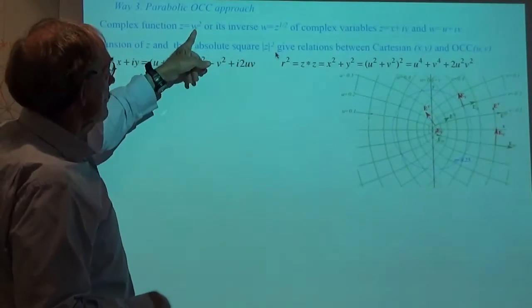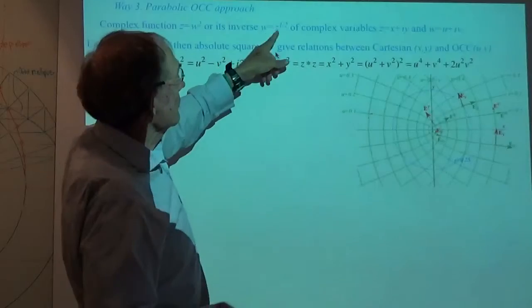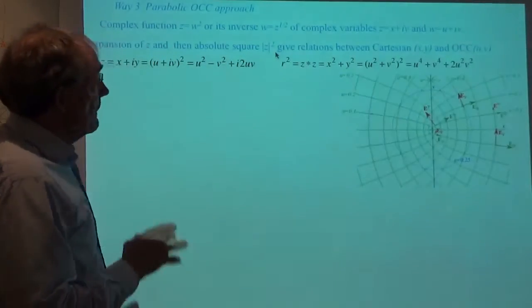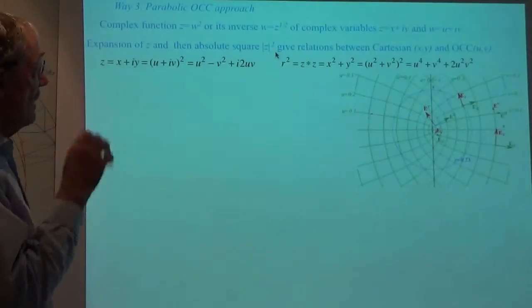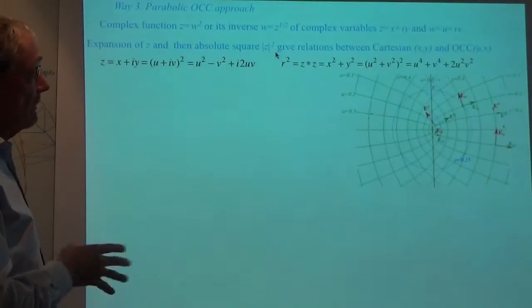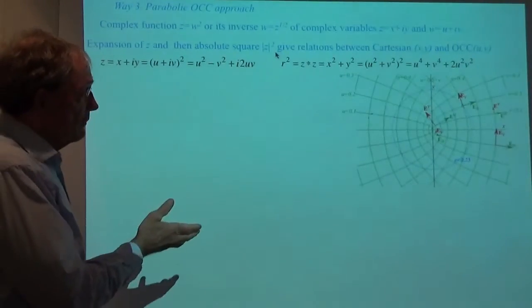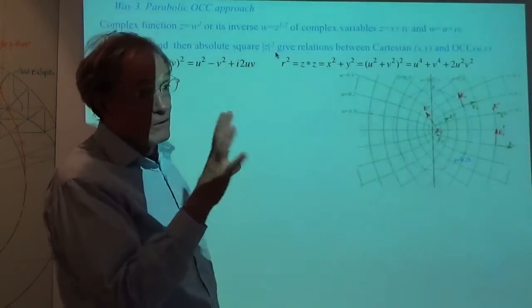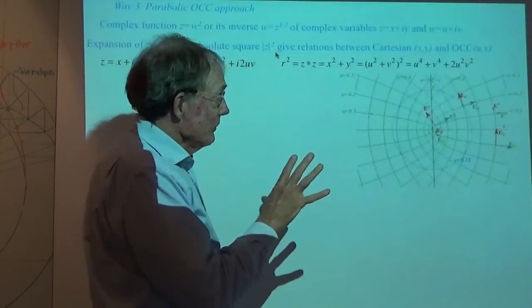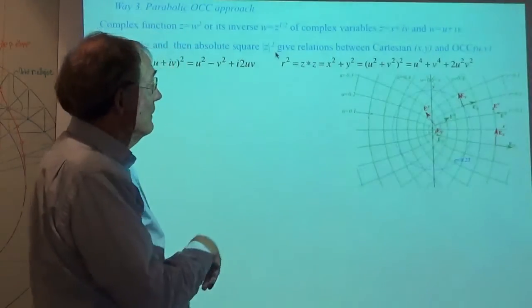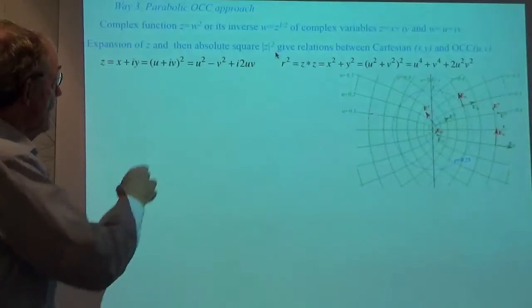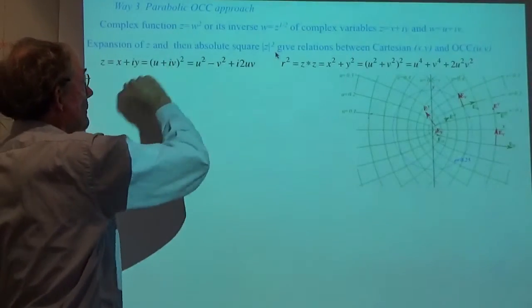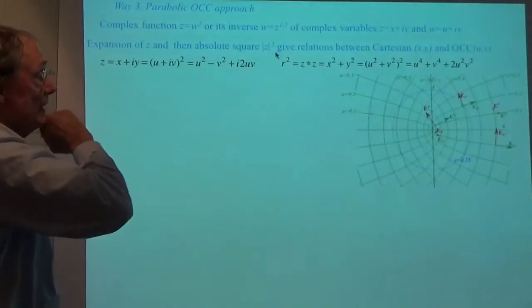Z equals w squared, or its inverse, w equals the square root of z. Back in chapter 11 of unit 1, I showed you how you could get an OCC coordinate system from any function you like, such as z equals w squared or square root of z.